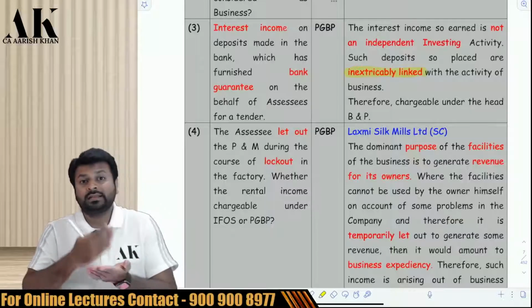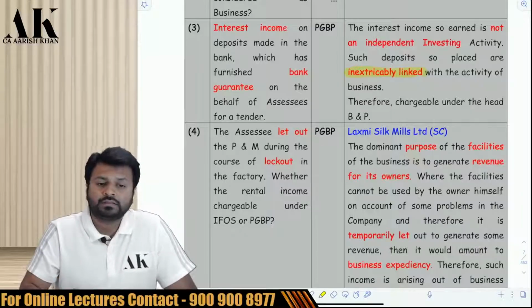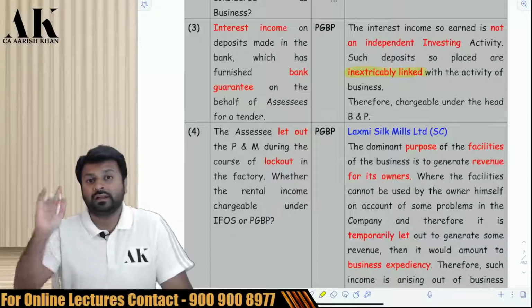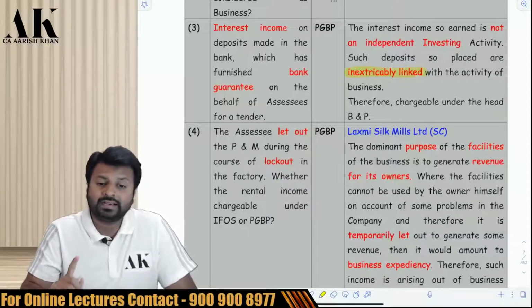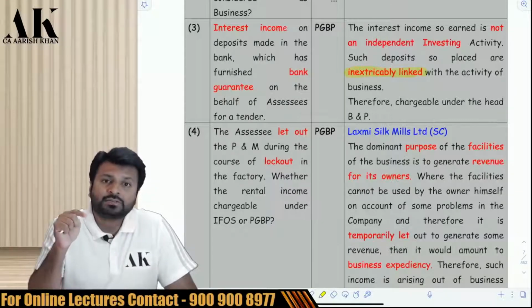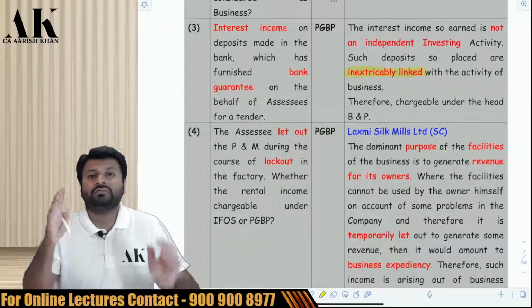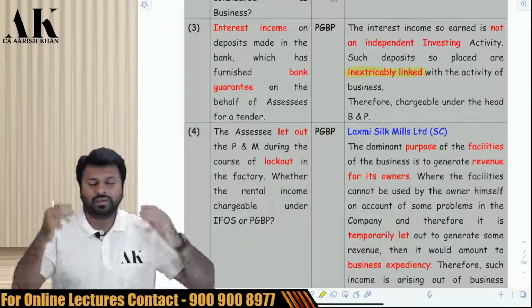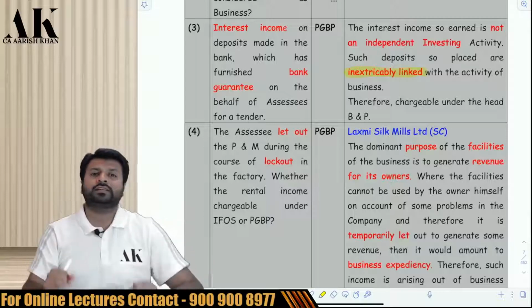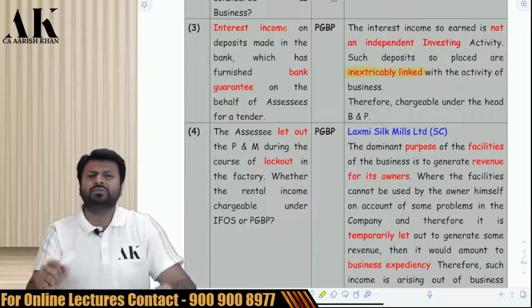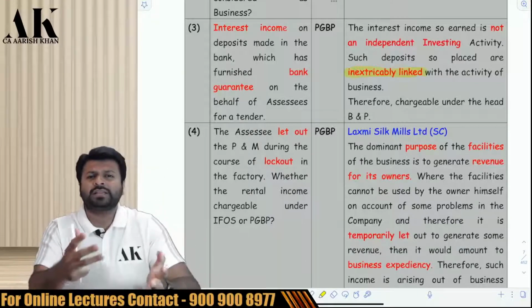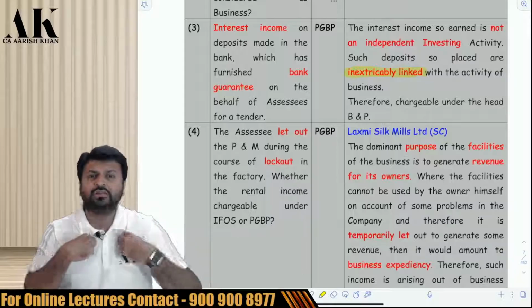Now, what will this income be called? Under which head? The Supreme Court in the case of Lakshmi Silk Mills Limited in 1952 has held that the dominant purpose of a facility in a business, the objective of those assets, is to give revenue to the owner.